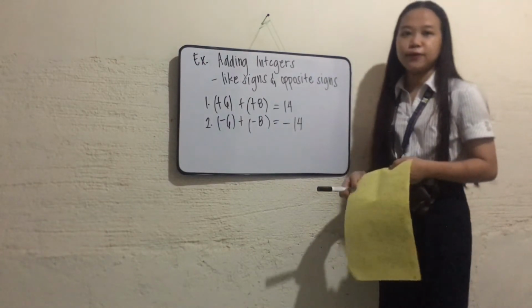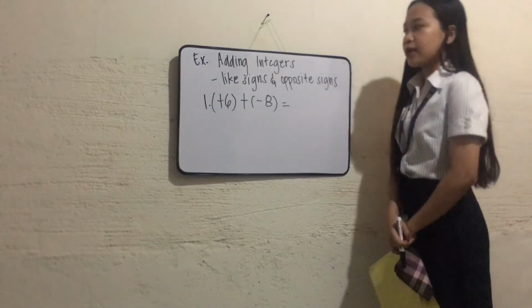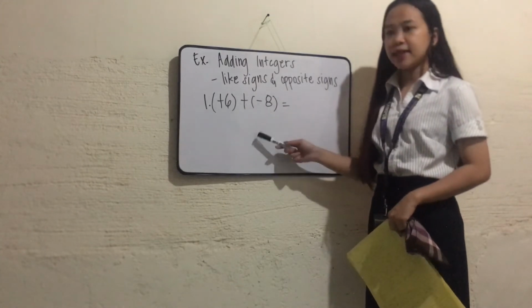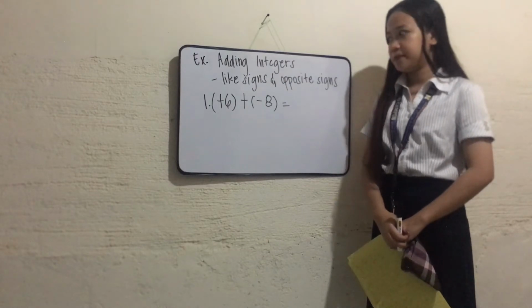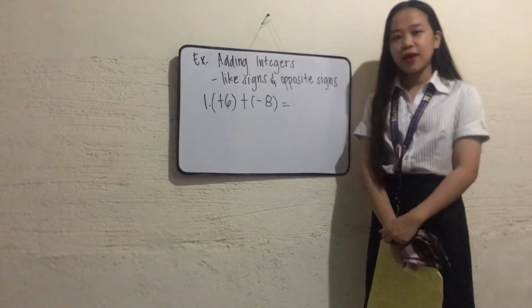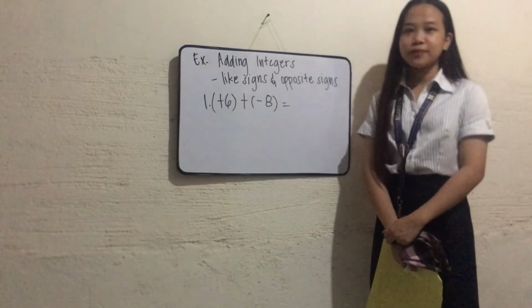Okay, let's move forward. For an example with opposite signs, we have positive 6 plus negative 8. Is there anyone who would like to answer? Yes? Negative 2. How did you come up with that answer? Because having unlike signs, we have to subtract the two numbers.